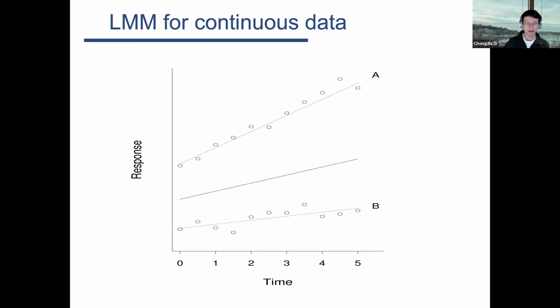But in this model we allow individual A to have a higher starting point, meaning the intercept is higher. But you can also see it grows a little bit faster, right? It is steeper, so we allow the slope to be a little bit larger. For individual B, it starts lower, so the random intercept is negative, but the slope is also smaller.